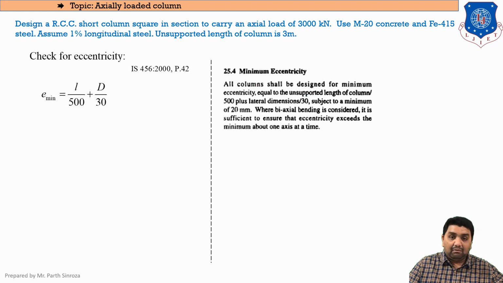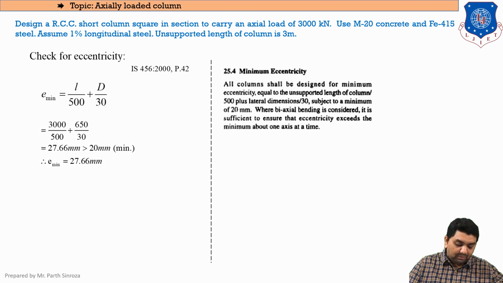So in this case, E minimum will be L, that is unsupported length, divided by 500 plus D, that is lateral dimension, divided by 30. Here the unsupported length of the column is given as 3 meters, so the value is 3000 divided by 500 plus D, the lateral dimension, which was 650, divided by 30, so the value comes out to be 27.66. Clear?